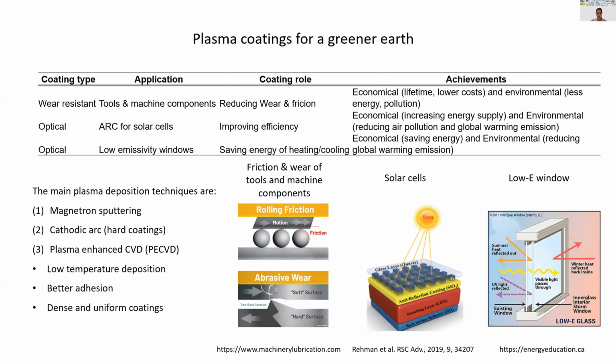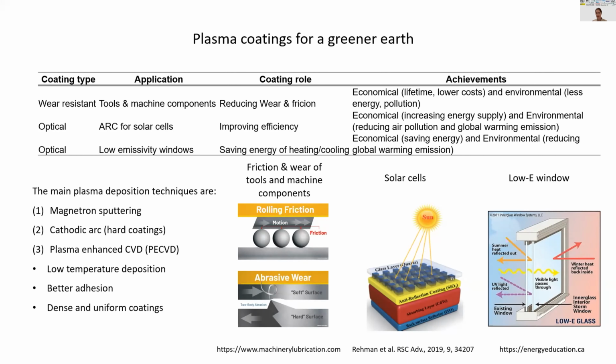For example, for tools and machine components, by reducing wear and friction; for solar cells and panels, by reducing reflectivity, so more energy with the same amount of sunlight can be produced; and also for low emissivity windows, by saving energy in buildings.